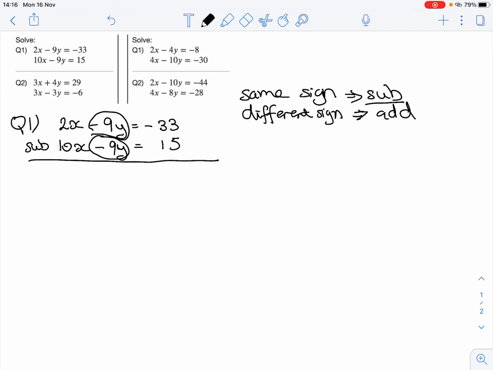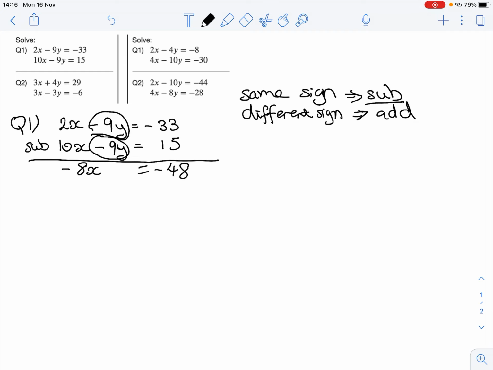So we have 2x subtract 10x, this becomes minus 8x. Minus 9y subtract 9y: the subtract and the minus becomes plus, so it becomes 0. So minus 8x equals minus 13 subtract 15, this gives us minus 48.